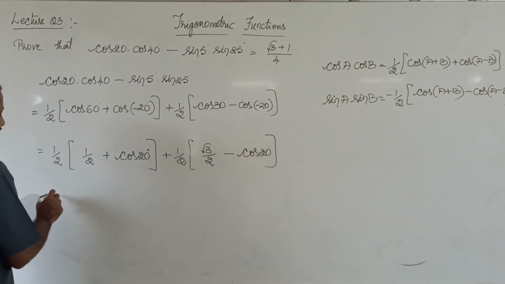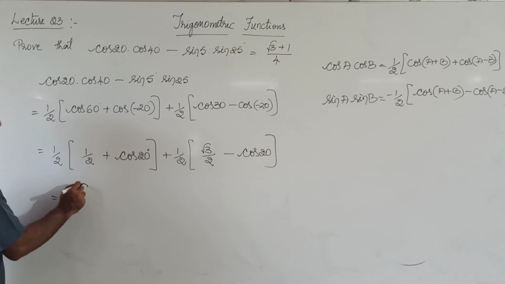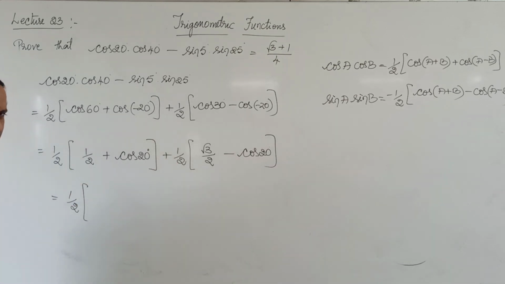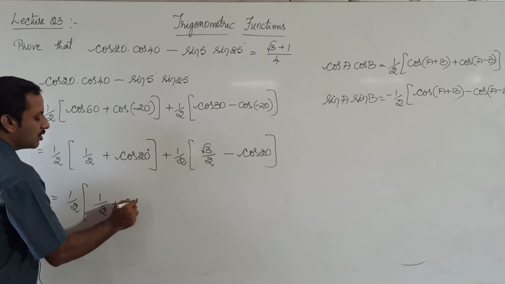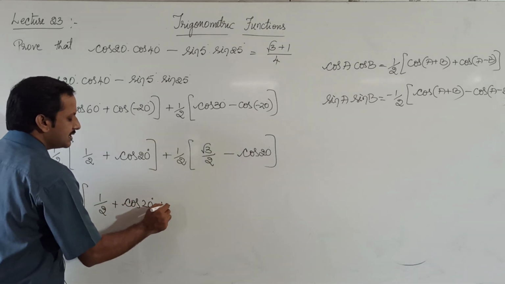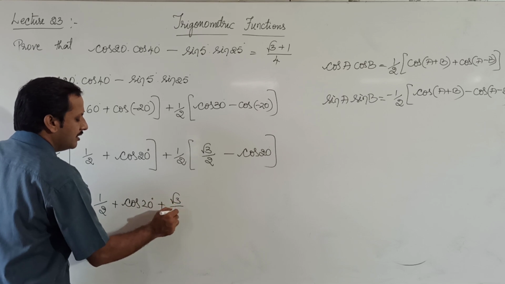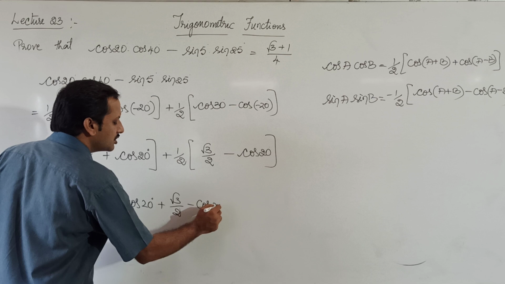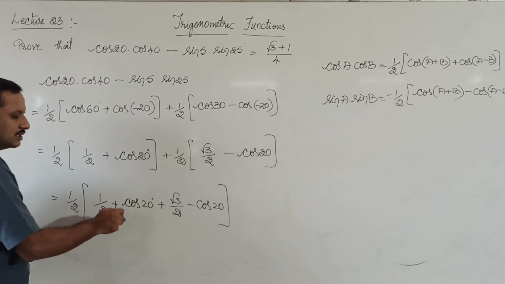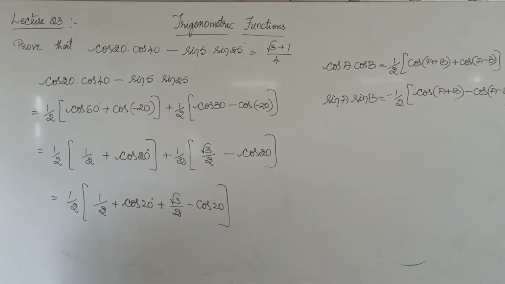Now I will take 1 by 2 as a common factor between these two. Then what will remain? 1 by 2 plus cos 20 degree plus root 3 by 2, and here minus cos 20 degree remains. So cos 20 minus cos 20 degree gets cancelled.